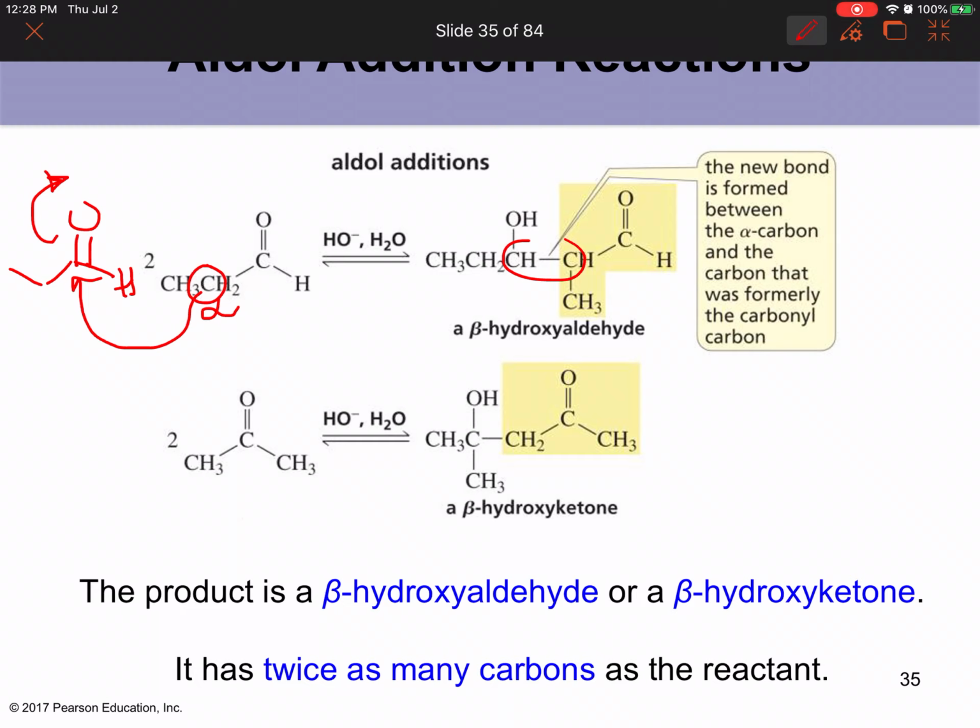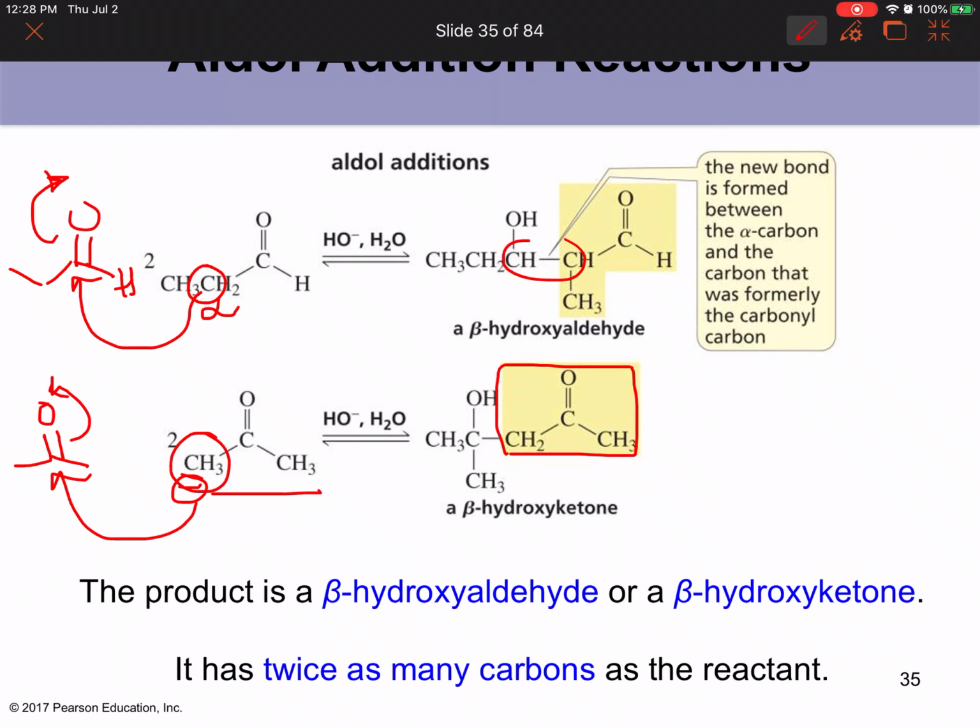And this is between two ketone molecules over here. So one of these is going to form a carbanion, and then once it is formed, it is going to go and react with the carbonyl group of another acetone molecule. So the new bond is going to form between this group and the carbonyl carbon. Do you see that over here too?